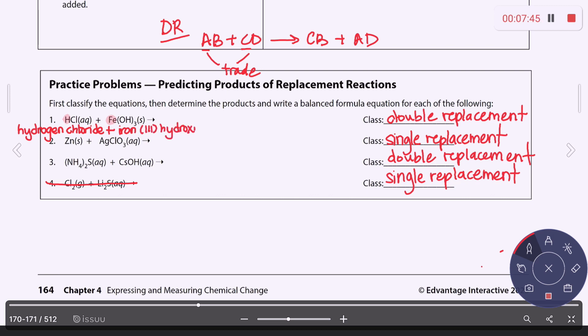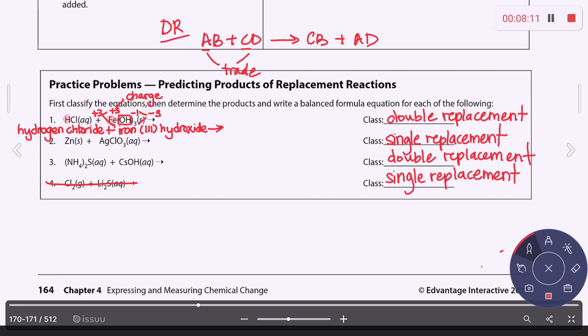You determine the Roman numeral on iron because you have 3 hydroxides at a -1. Hydroxides are on the bottom left of your periodic table. When you multiply these together, you get a -3. That means you need a +3 on the other side. But since I have 1 iron, 1 times +3 would give me that +3. So this is the charge on the metal or the Roman numeral.